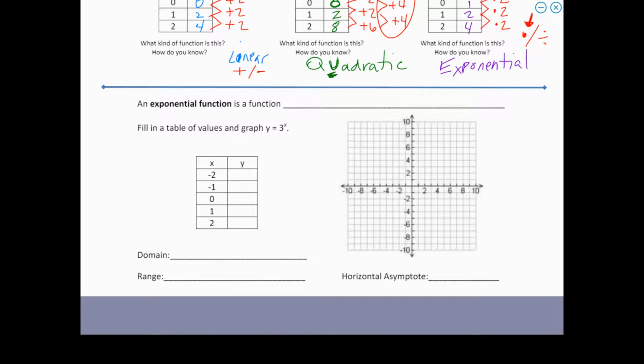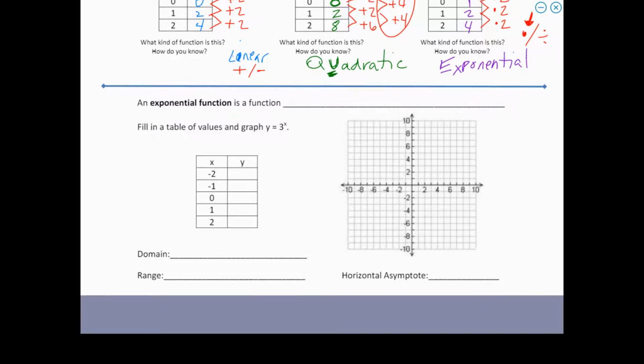So an exponential function is a function whose independent variable is an exponent.